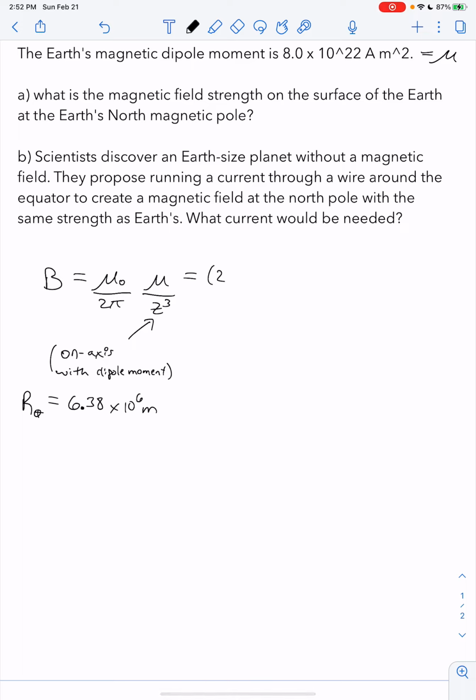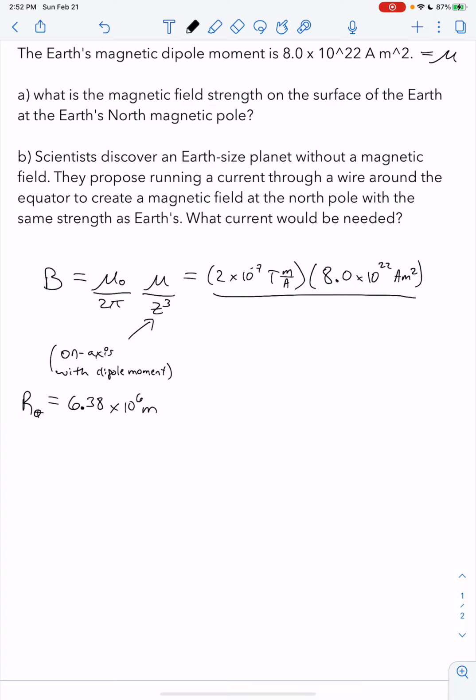Here we'll have 2 times 10 to the negative 7 Tesla meter per amp. And then we'll have our value for mu, so 8 times 10 to the 22 amps meter squared.